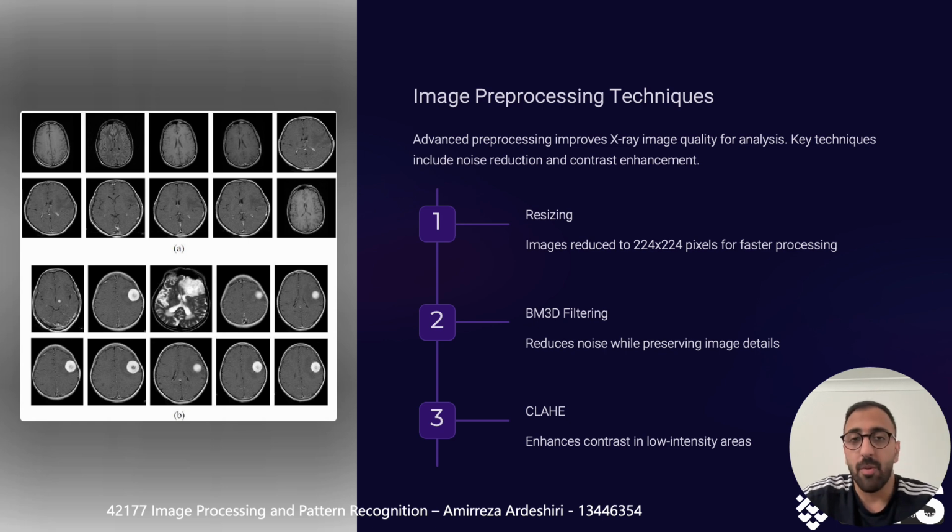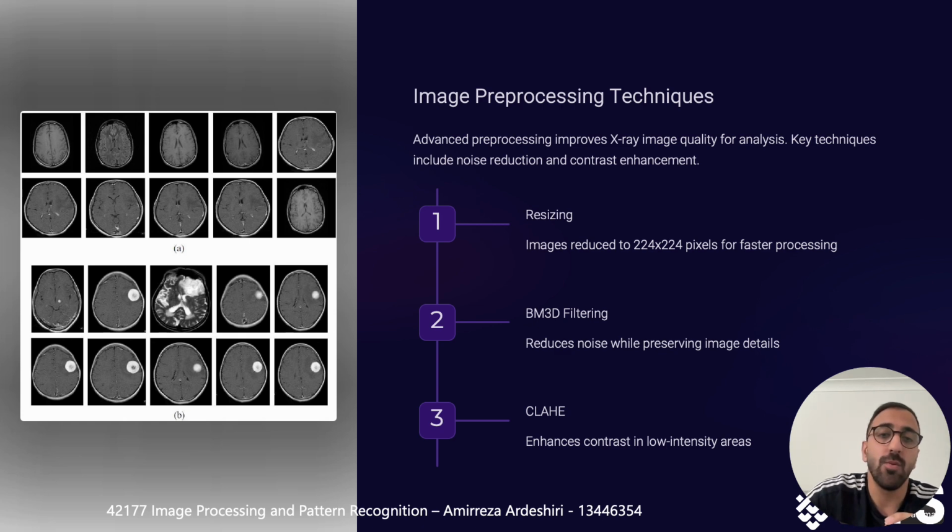Image pre-processing plays a crucial role in enhancing X-ray images for analysis. In this study, they use several pre-processing steps. First, they resize images to 224 by 224 pixels to reduce computation, and they then applied BM3D filtering, which effectively reduced noise without compromising image details.